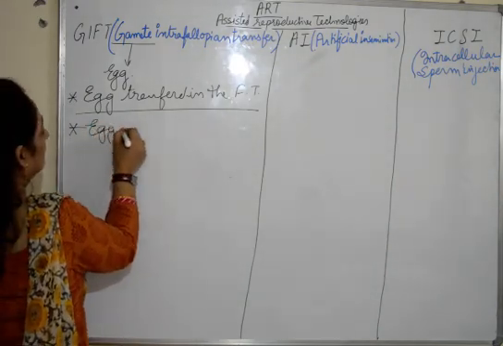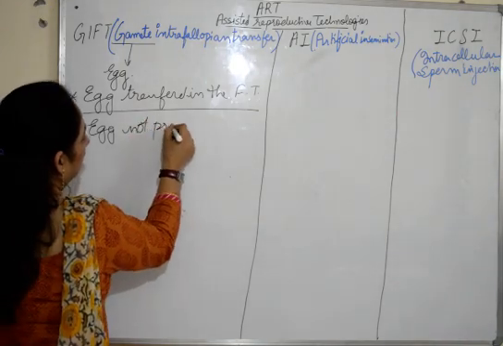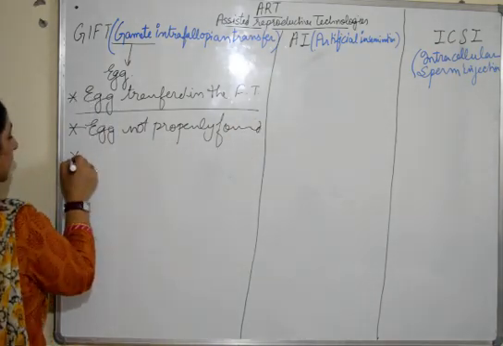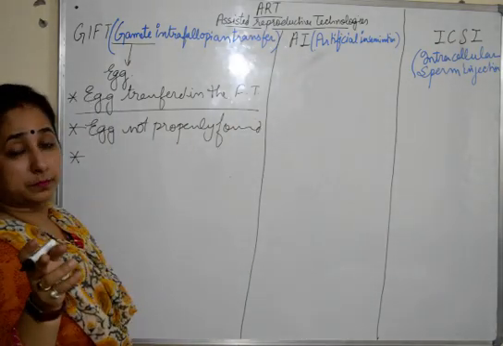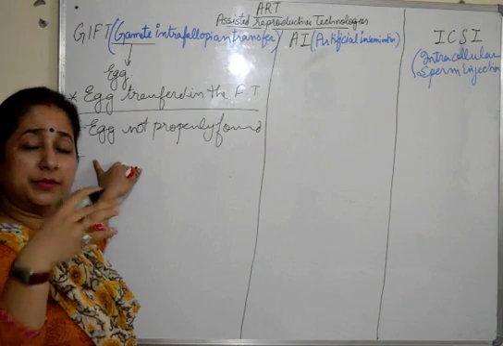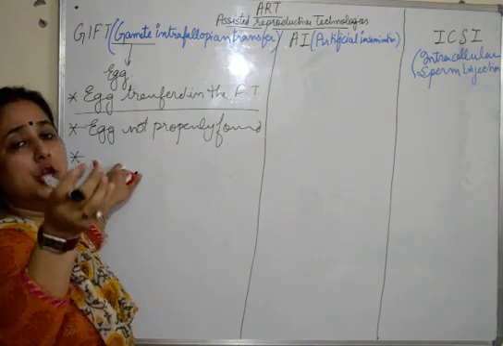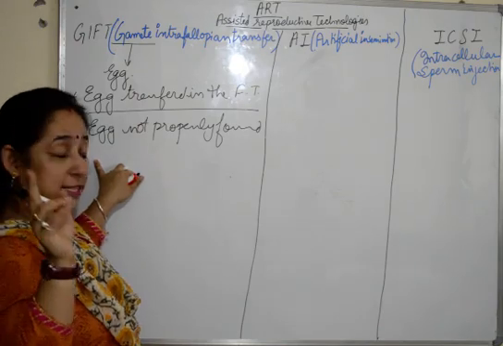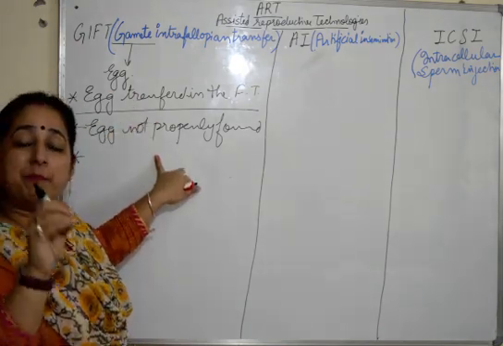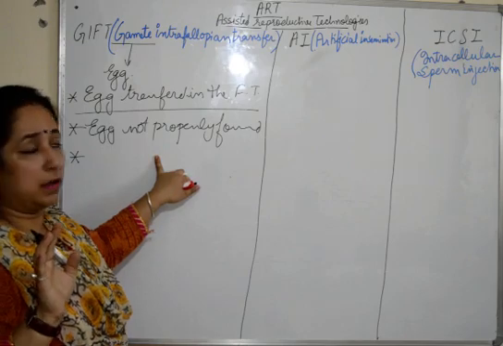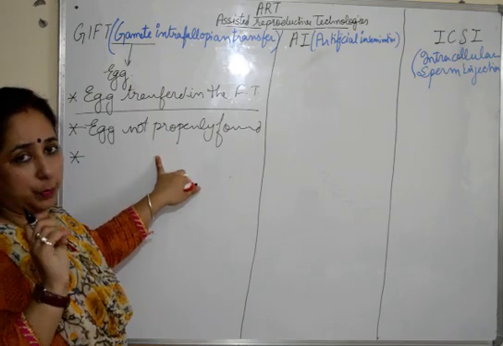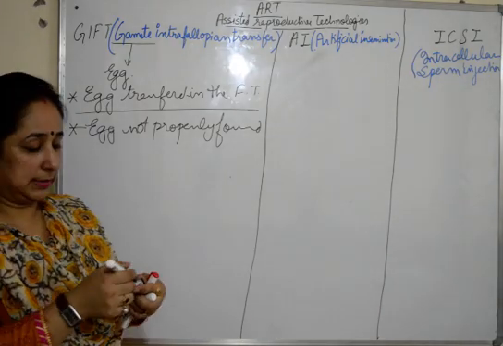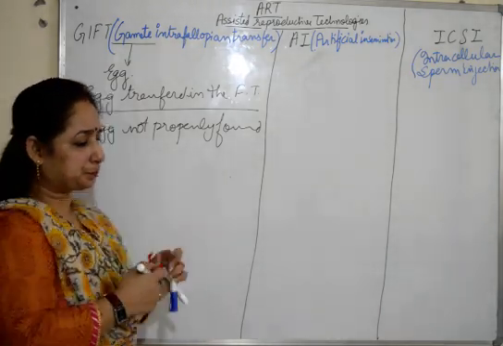Maybe the egg is not properly formed, this could be the reason, or even the fimbriae could be non-functional, so the egg could not reach the fallopian tubes. That's why the egg has to be placed in the female's fallopian tube. Fine. So this is GIFT or gamete intrafallopian transfer technique.